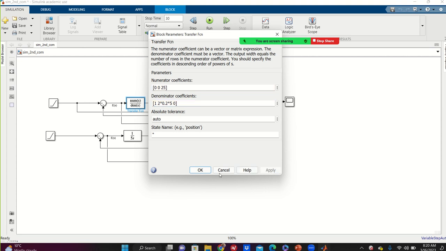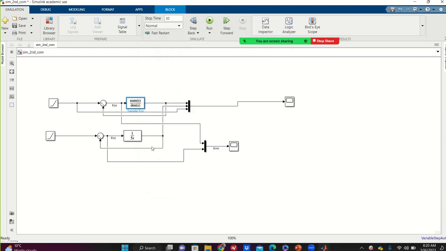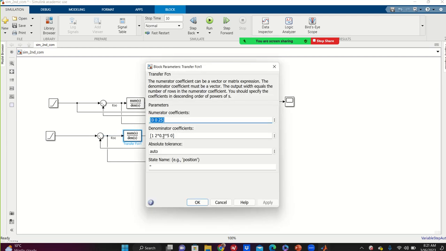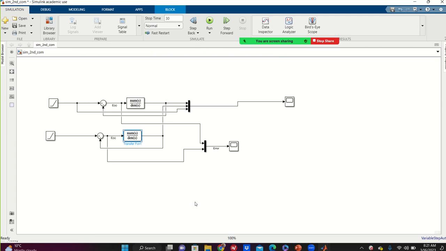That's right, remember. Now this is for the critically damped system. The previous one, so zeta is 1. Here we go, bingo.